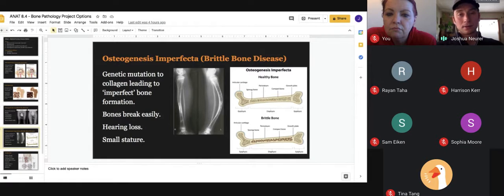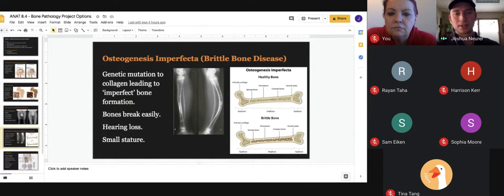And the other diseases we were talking about degrade bones after the fact, retroactively. This one actually creates imperfect bone formation. So it's a story that is affecting how bones are being built, essentially from birth. So as a result, bones are super easy to break.